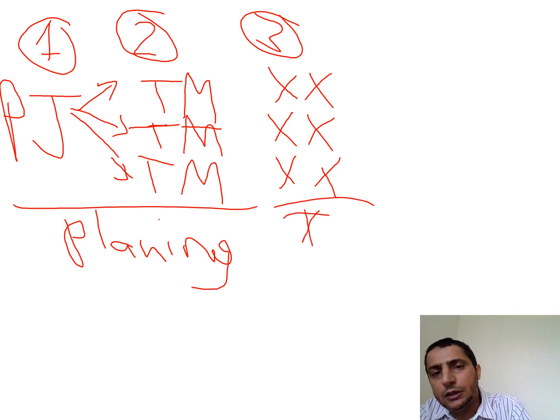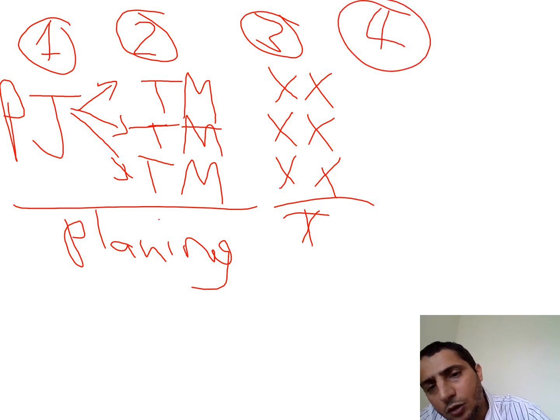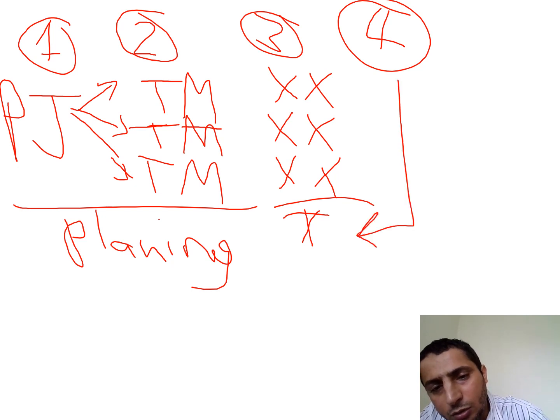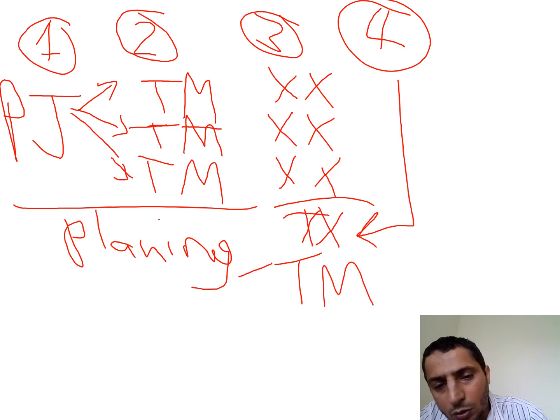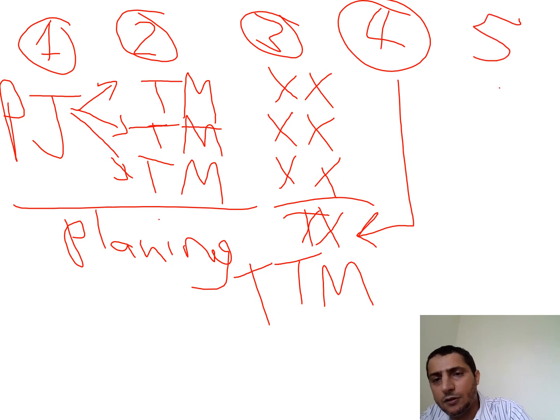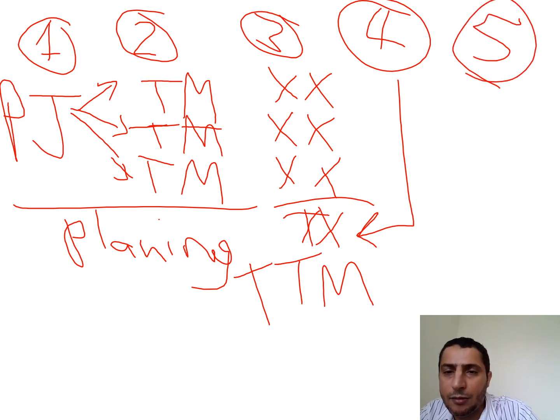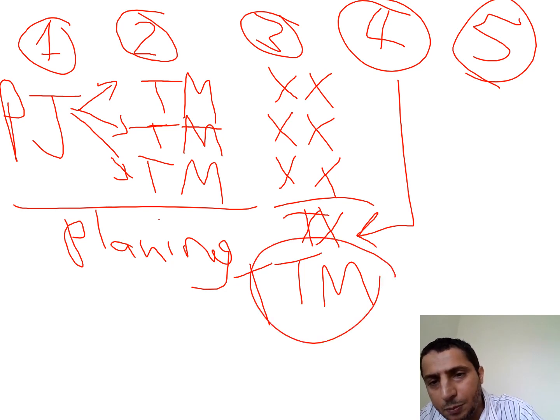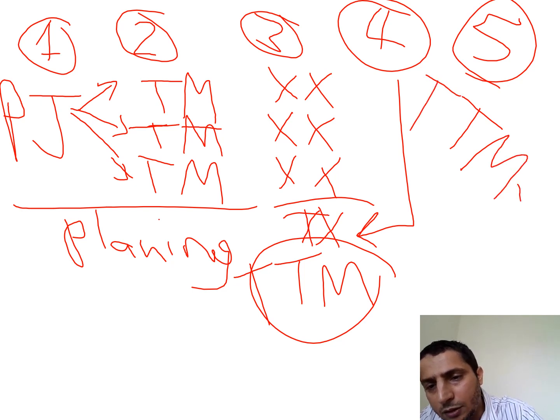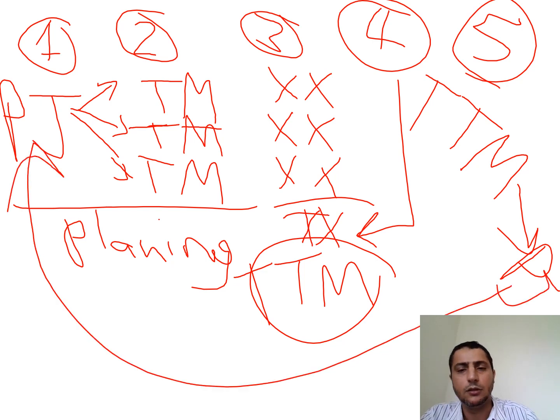Step 4, we will accumulate to get the total amount of this tolerable misstatement. So we call it total tolerable misstatement. And then step 5, we will compare the total tolerable misstatement with the preliminary judgment, this one.